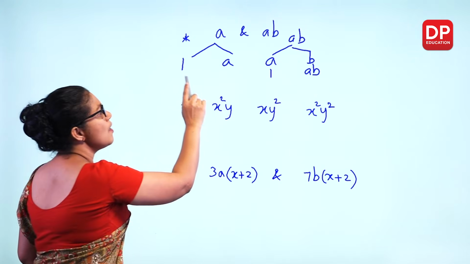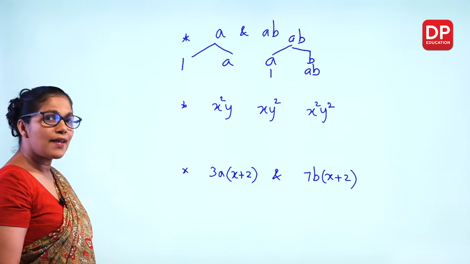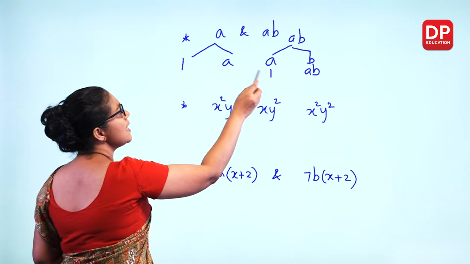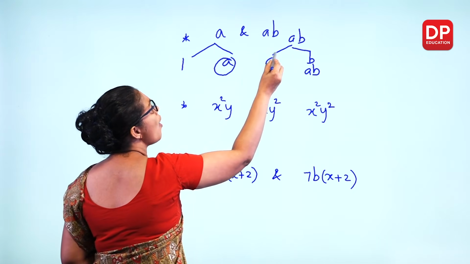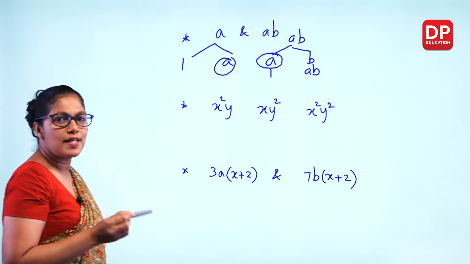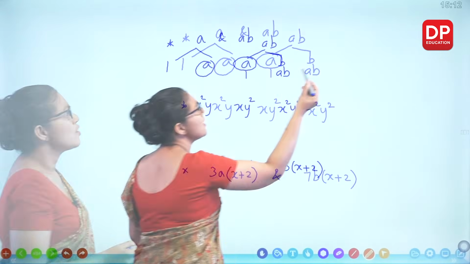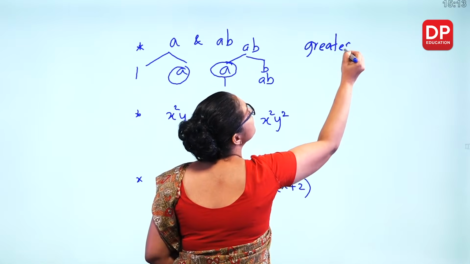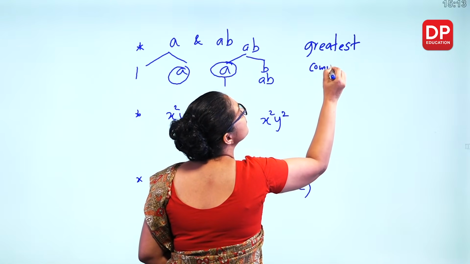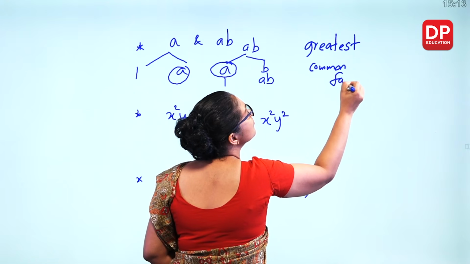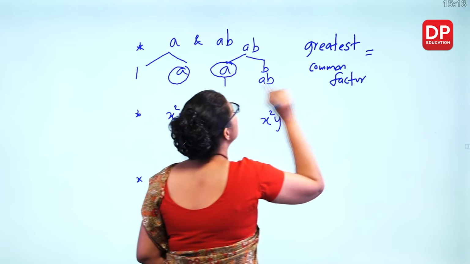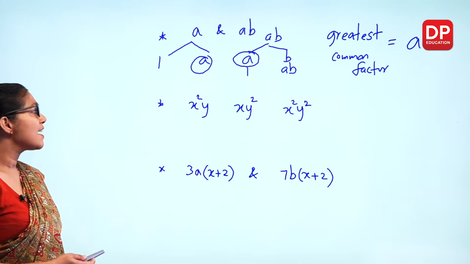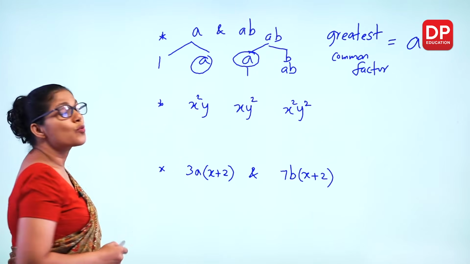Now here we need to find out what are the common factors. So we can see A is common to both of these expressions. Here we can write greatest common factor is A.